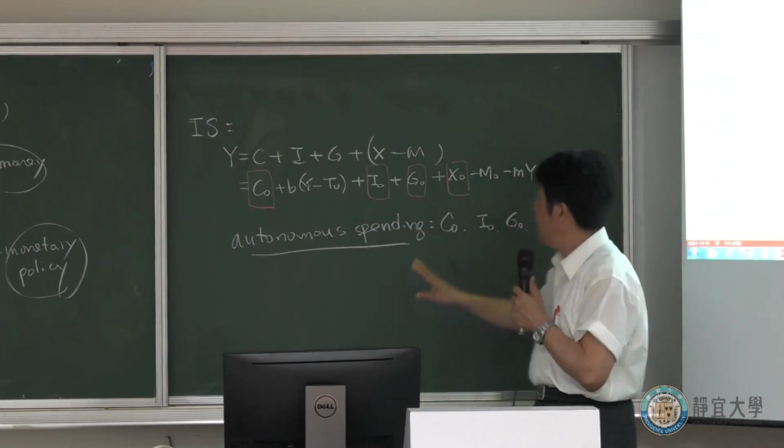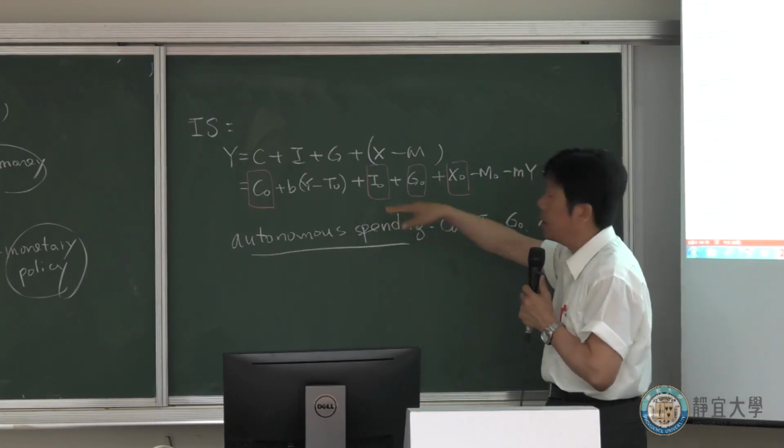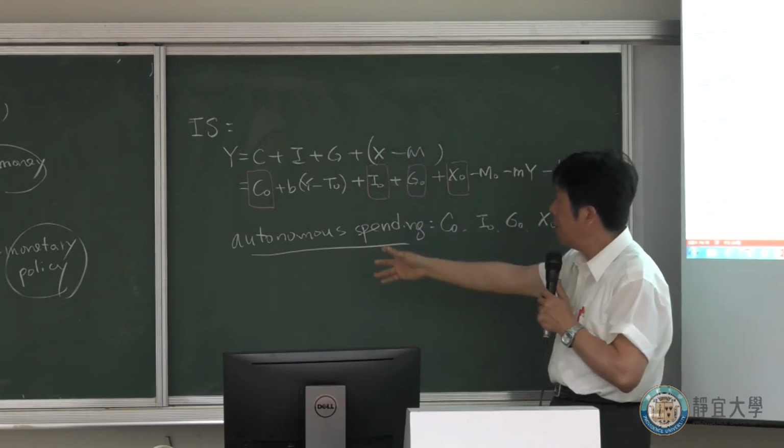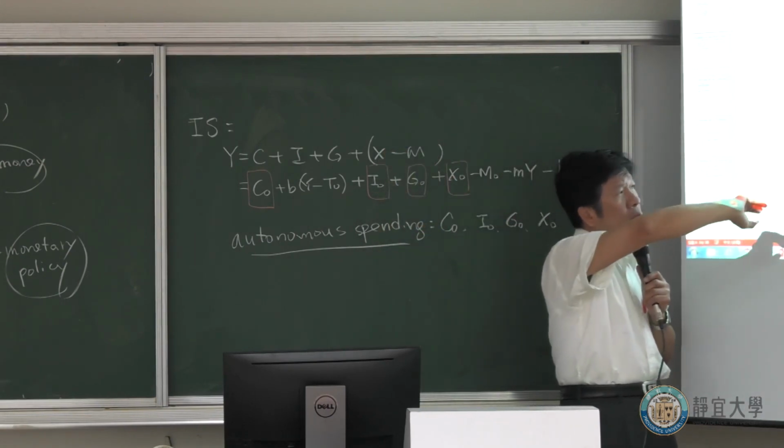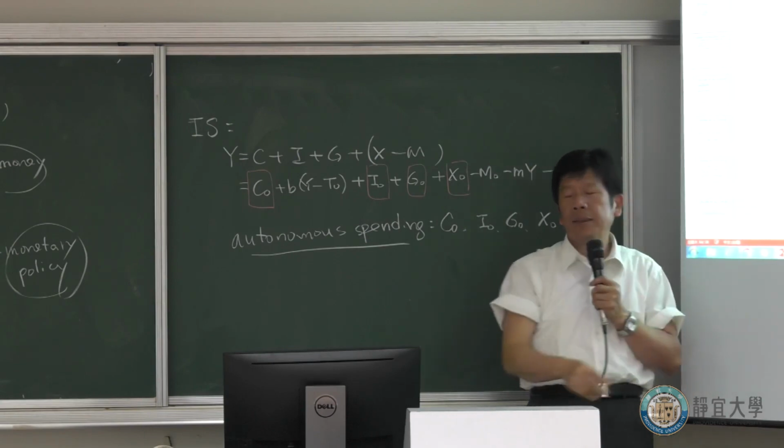If these four things increase, the IS curve will shift to the right hand side.